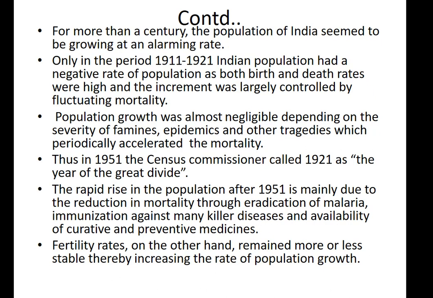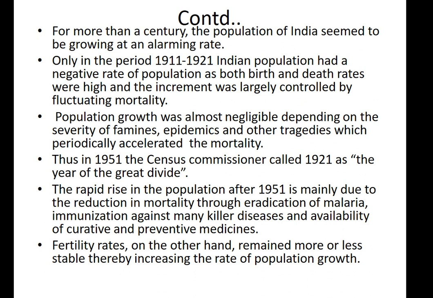For more than a century, the population of India seemed to be growing at an alarming rate. Only in the period 1911 to 1921, the Indian population had a negative growth rate. This was due to both birth and death rates being high and the increment being largely controlled by fluctuating mortality.